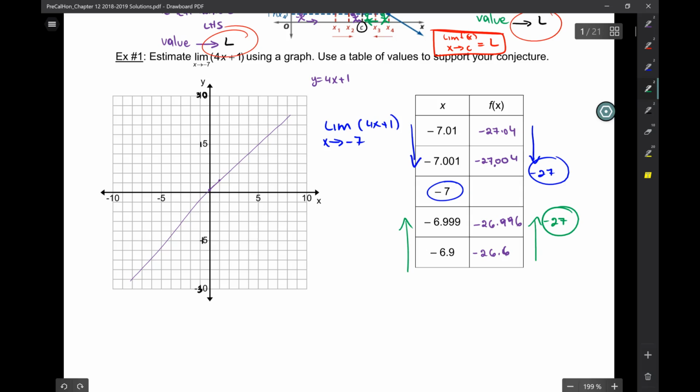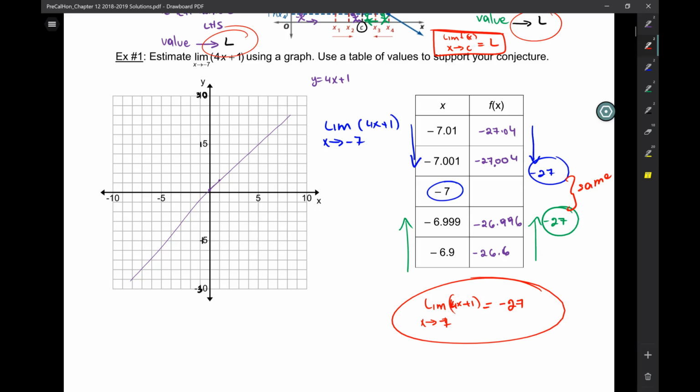So now, because from the left and from the right these are the same, I say that the limit of 4x plus 1 as x approaches -7 is -27.